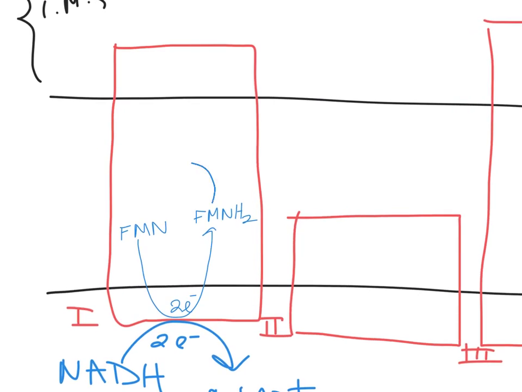And then FMNH2 will be regenerated, and in the process, an iron-sulfur cluster, these are pretty cool, will pick up the 2 electrons. I'll put an H2 here to show that, again, we're passing 2 electrons along the line. And the iron-sulfur cluster has a higher reduction potential than FMN.